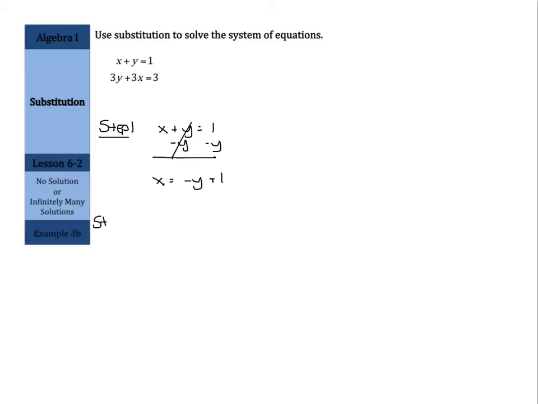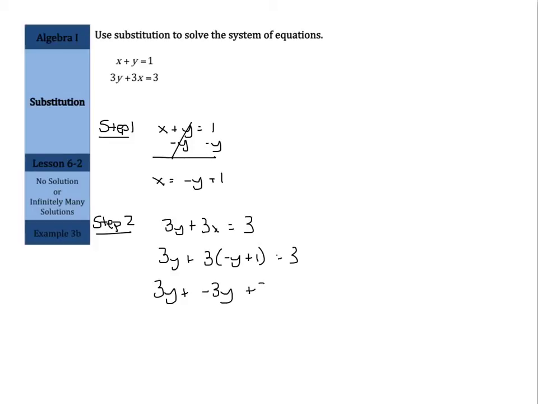So that in step 2 now, I can take my other equation, 3y plus 3x equals 3. I can substitute in for the x, so I'll have 3y plus 3 times negative y plus 1 equals 3. Distribute, so you have 3y plus a negative 3y plus 3 equals 3.